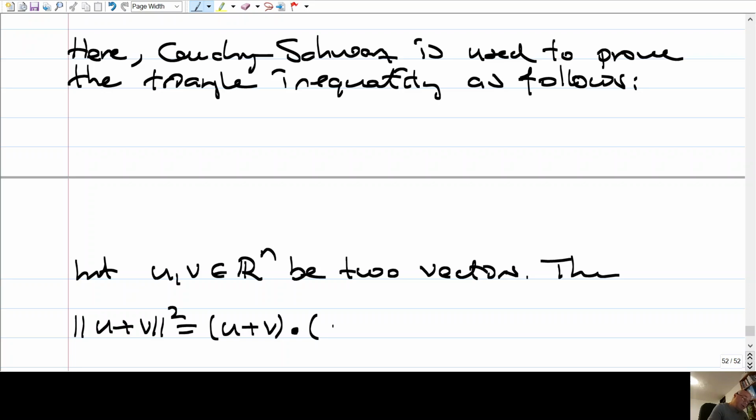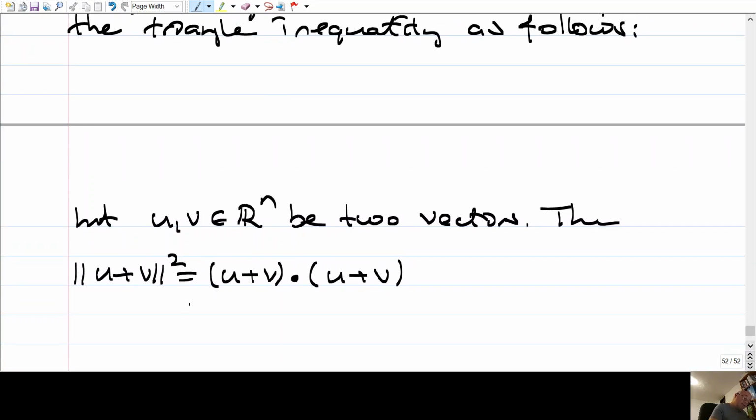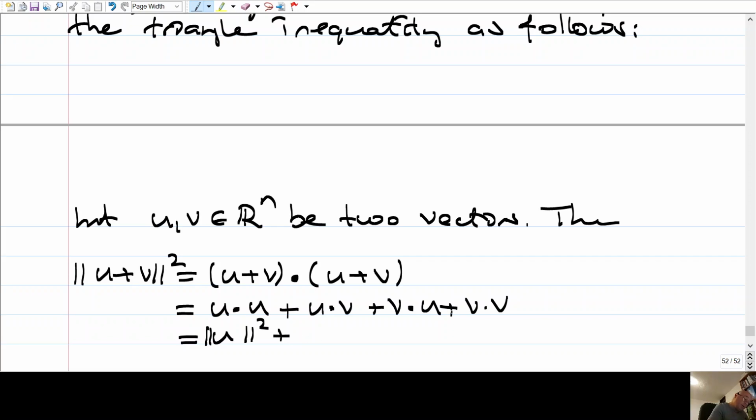Let me write the inner product like this, U plus V with U plus V. The inner product can be distributed as follows: U dot U, and then U dot V plus V dot U, plus V dot V. So this is norm U squared, and then I have norm V squared, and then I have 2 times U dot V.